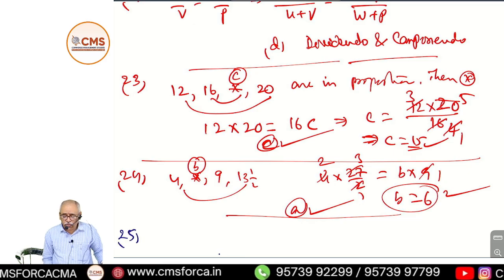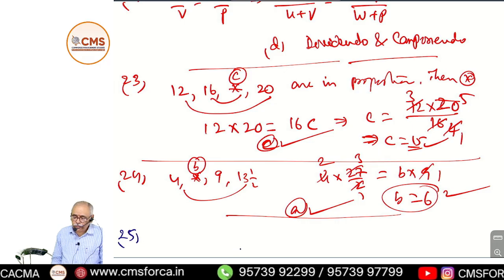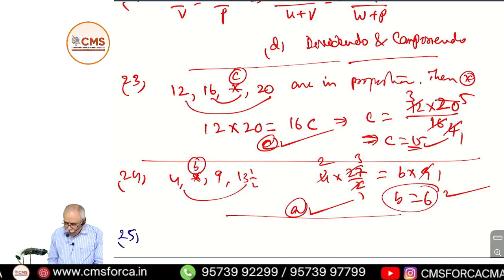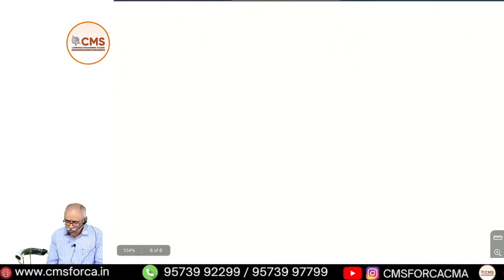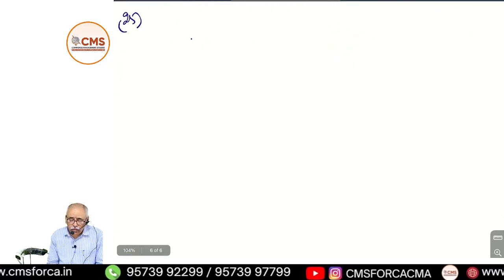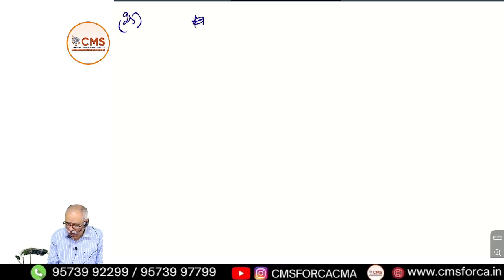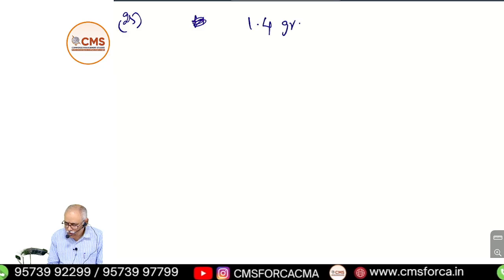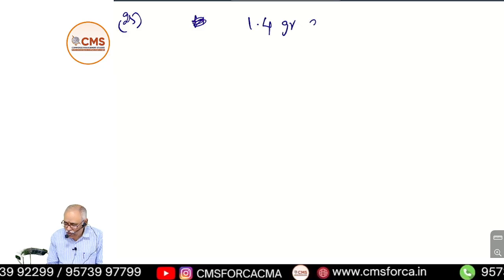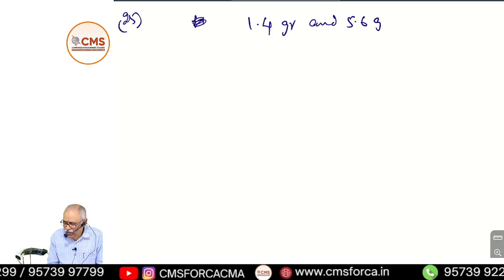Question number 25. Mean proportional between 1.4 grams and 5.6 grams.